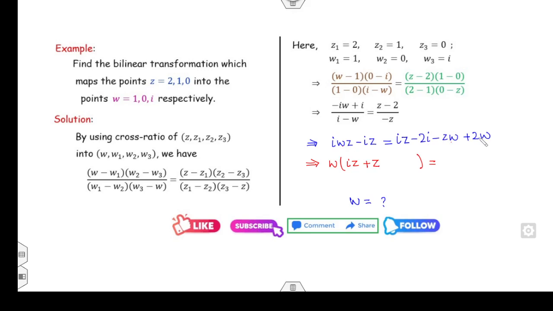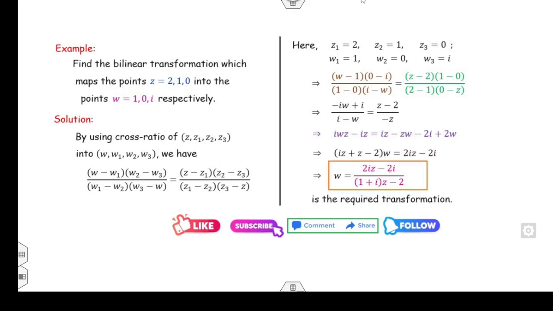So W becomes (2 iota Z minus 2 iota) divided by (Z times (1 plus iota) minus 2). This is the right answer of the problem. Fine.